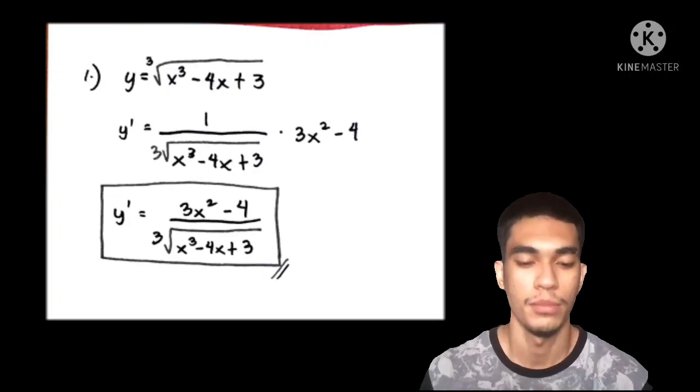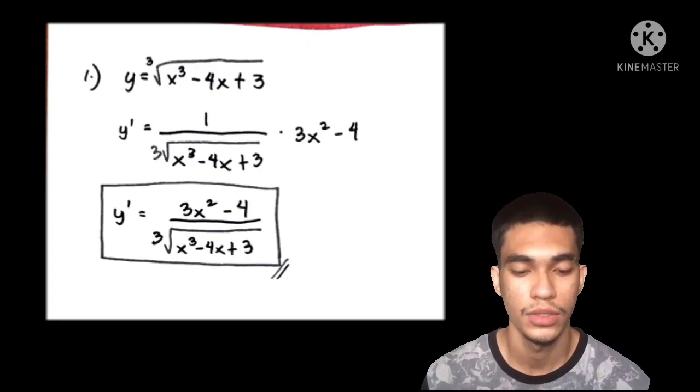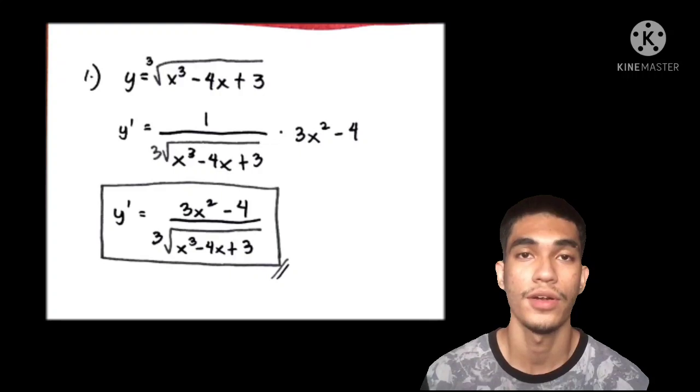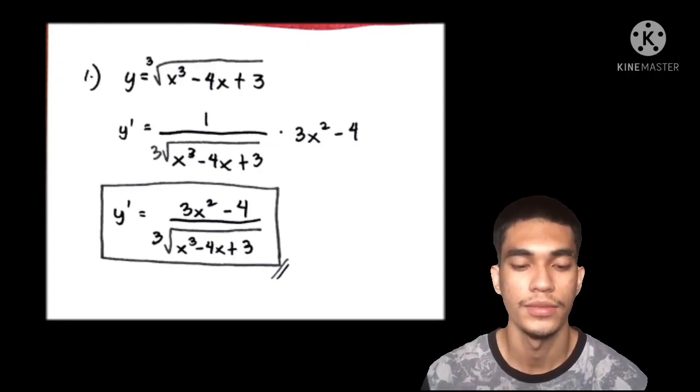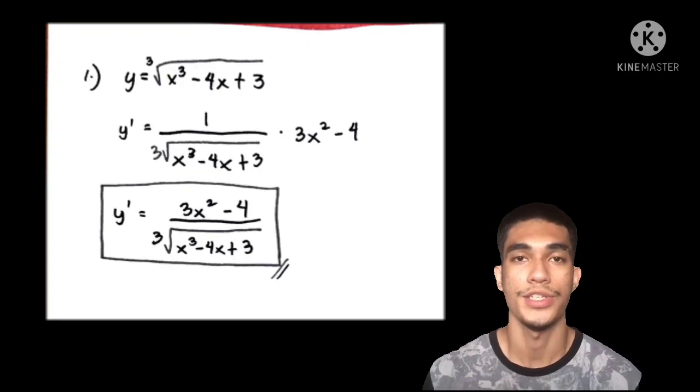For problem number 1, we have our given, which is y is equal to the cube root of x cubed minus 4x plus 3. And then what we are going to do here is apply the chain rule.